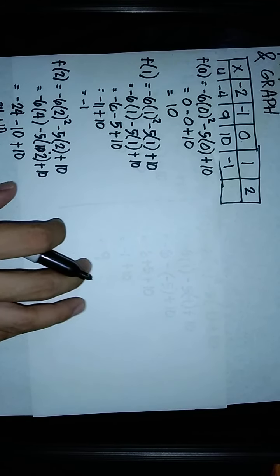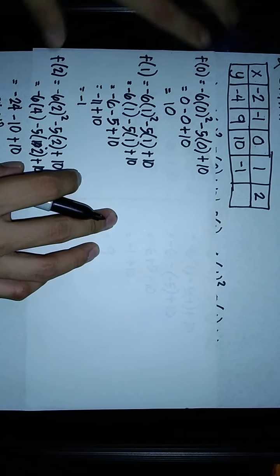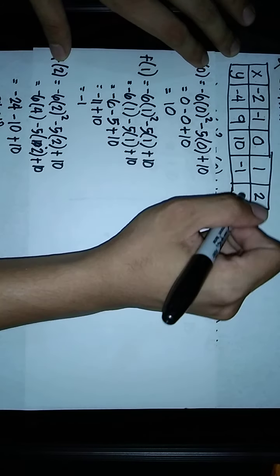Tulad ng ginawa natin dun sa naunang problem na negative 6 minus 5, ipag-plus lang natin siya since pareho siyang negative, and then we will retain yung ating negative sign. So, this is equal to negative 34. So, negative 34 plus 10, this is equal to negative 24. So, kapag ang ating given ay f of 2, ang ating y value is equal to negative 24.